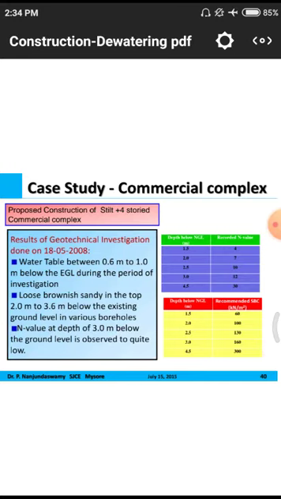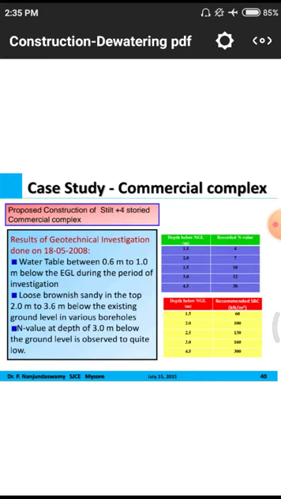During the period of investigation, that is the date 18/5/2008, they observed the water table lies between 0.6 and 1 meter from the existing ground level. Next, loose brownish sandy soil at the top, 2 meters to 3.6 meters below the existing ground level in various boreholes.